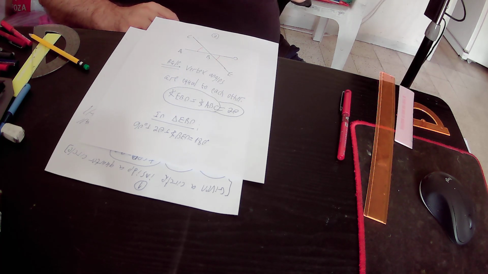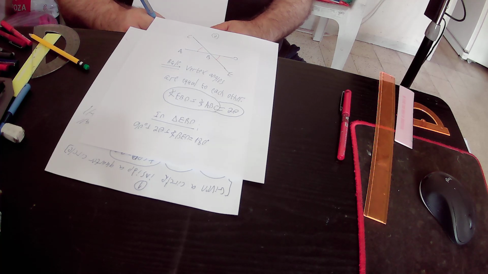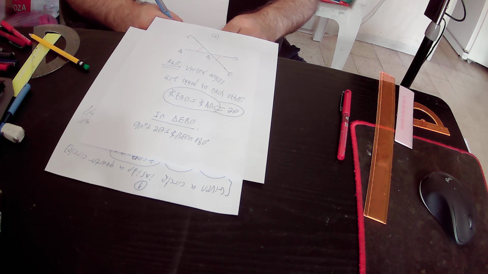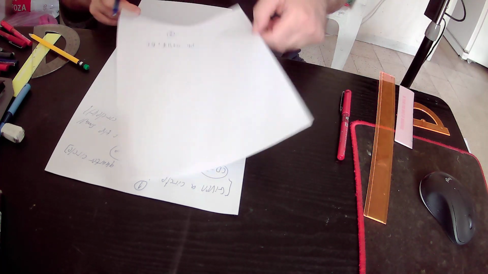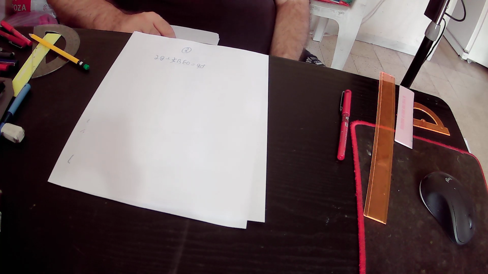So here we will subtract 90 degrees from this equality, and we will get that 2 theta plus angle BEO equals 180 degrees minus 90 degrees, which is 90 degrees.